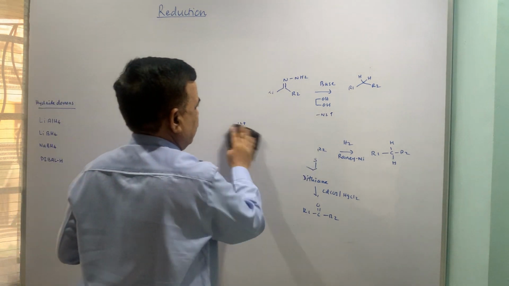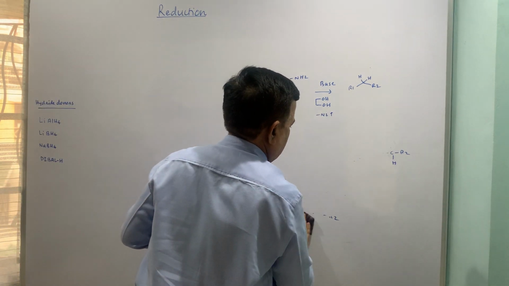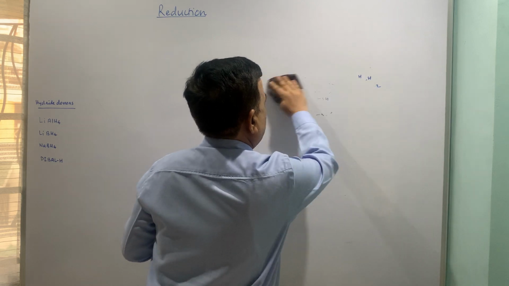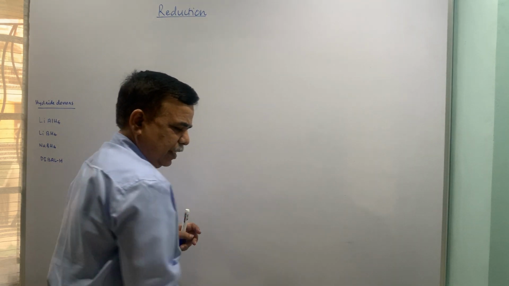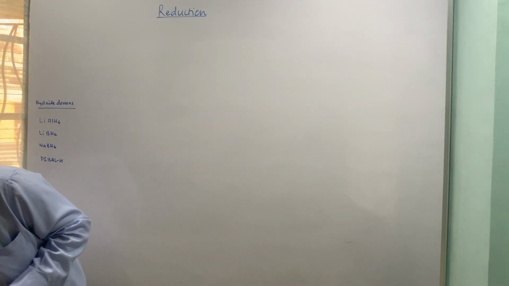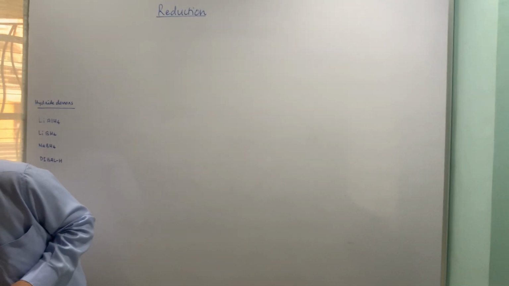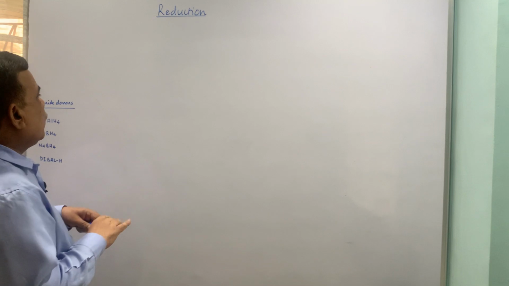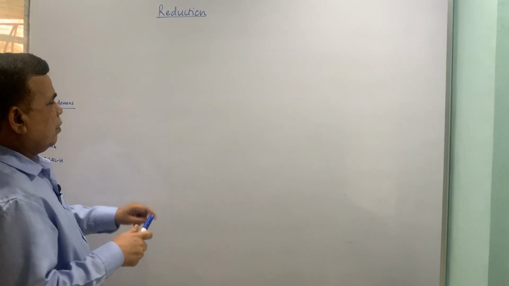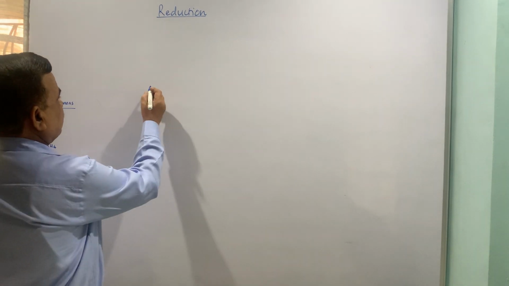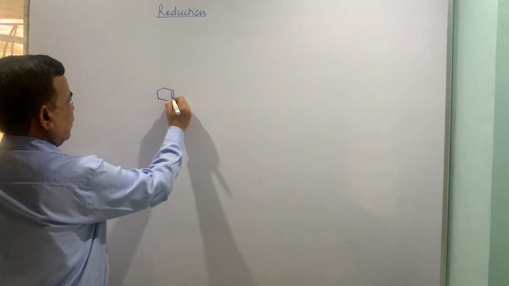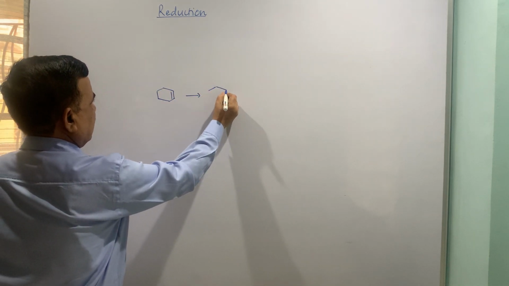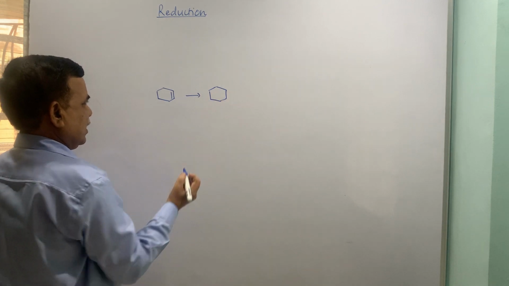Now, metal hydrogen, that is the next one. In metal hydrogen, the frequent reagents which are used, I am going to put all those reagents here. Let us say I am having cyclohexene and I have to make it cyclohexane.